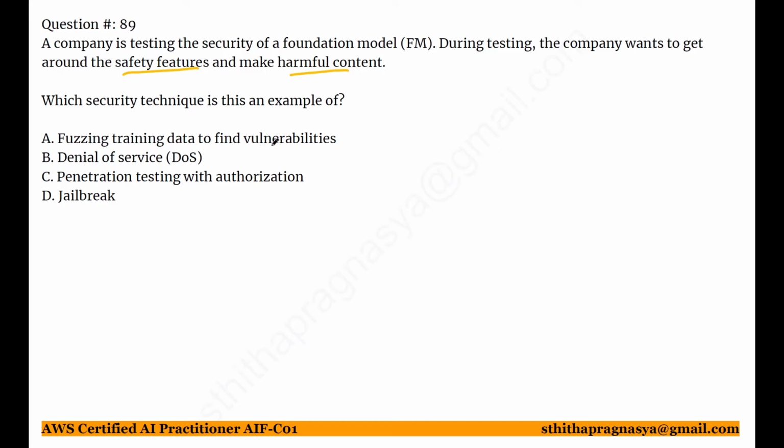Fuzzing training data to find vulnerabilities. Fuzzing involves providing random, malformed, or unexpected inputs to a system to uncover vulnerabilities. It focuses on testing input data rather than directly attempting to bypass safety mechanisms to create harmful content. So this is not a correct answer, as it does not involve circumventing safety features.